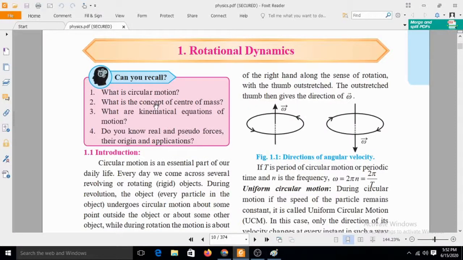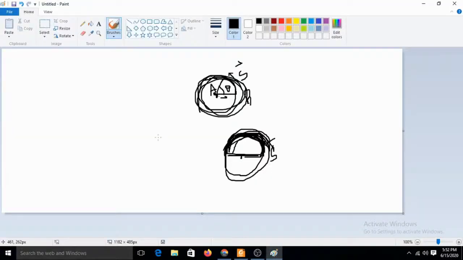Okay, we'll again move to the second question, that is the concept of center of mass. What is the concept of center of mass? Over here also you see, or in this we will see again. This is the circle, suppose, and this would be a center of mass, or centroid, you can say, because the mass of the body is totally concentrated at this center point only.